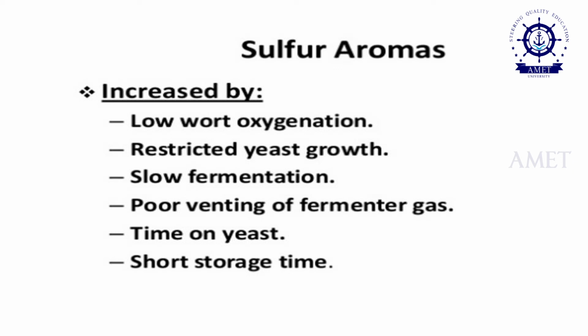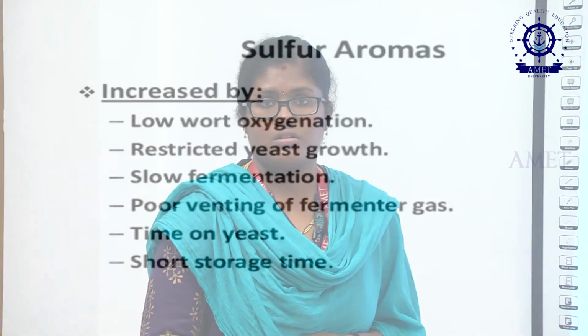It can be increased by the following factors, like if the wort has less oxygen. Once the wort gets less oxygen, sulfur kinds of aromas will be produced, and the growth of the yeast cells will also get reduced. It also slows the fermentation. If the sulfur compounds are more, there is DMSO, that is dimethyl sulfoxide. This DMSO travels from the beginning, from the malting stage itself.